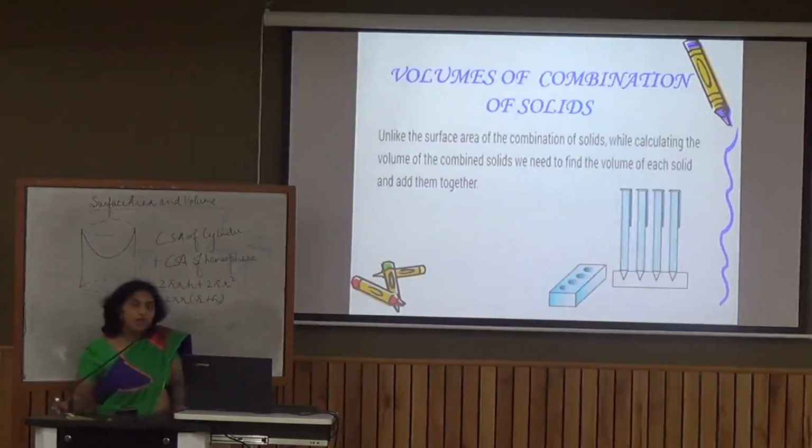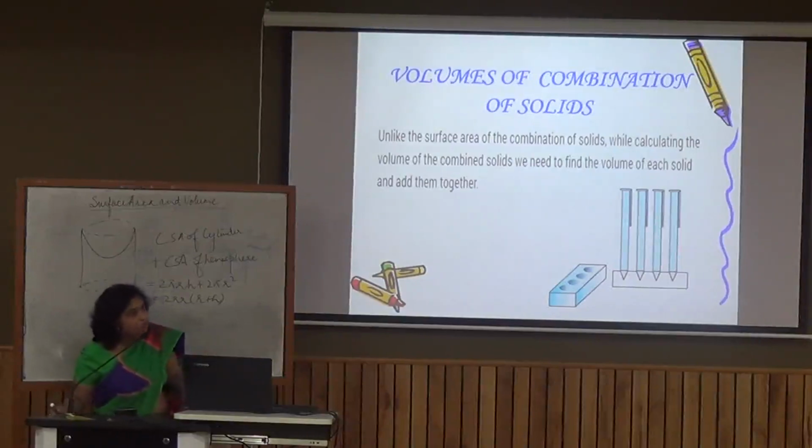Now let's move to the volume of combination of solids. Now unlike surface area, when we combine the solids, we have to calculate the total volume of each solid. We have to separately calculate the volume of each solid being combined, and then we add them together to get the volume of the solid shape.